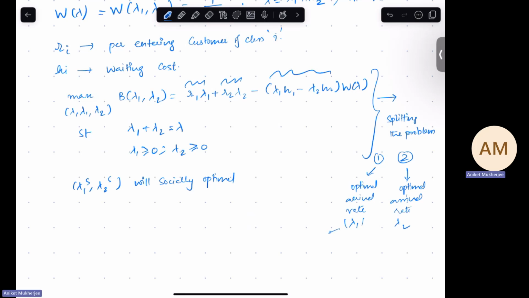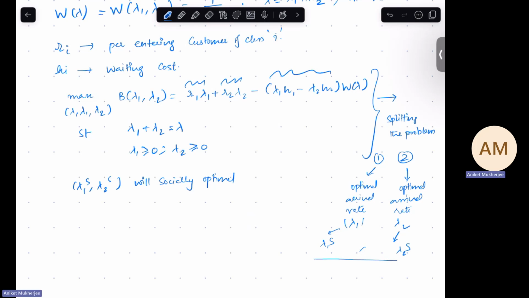So lambda 1s, lambda 2s is a solution which is socially optimal, in the sense of maximizing the aggregate net benefit to all the customers collectively. Basically, some third person is making the decision on behalf of the customers.